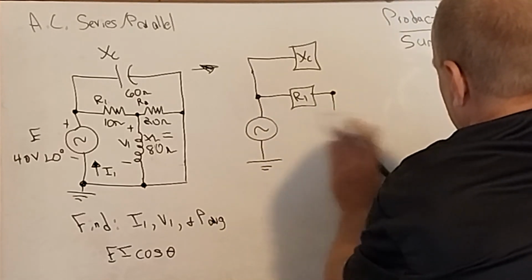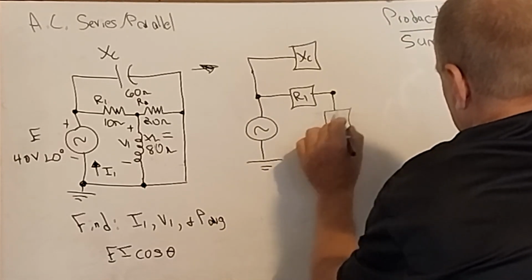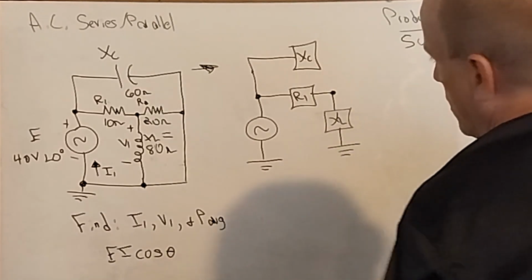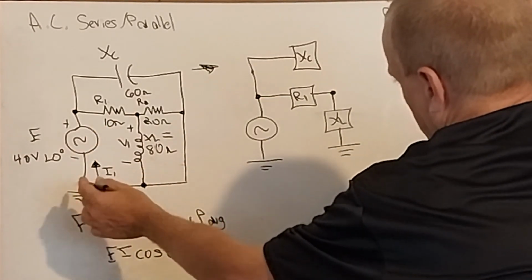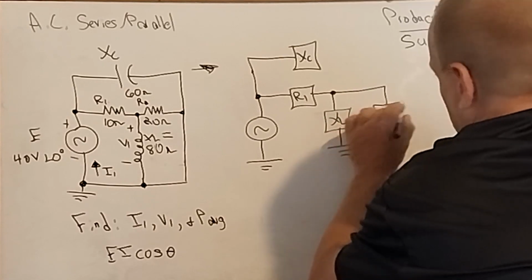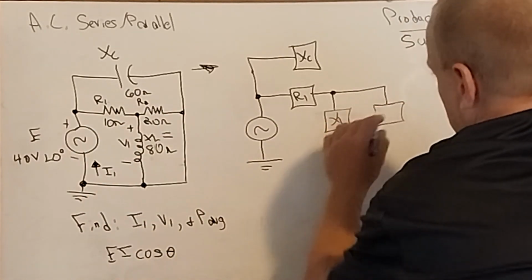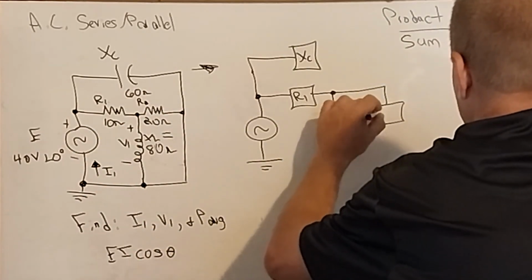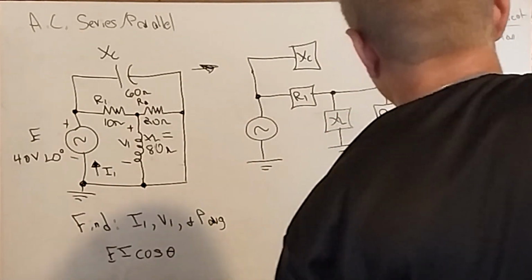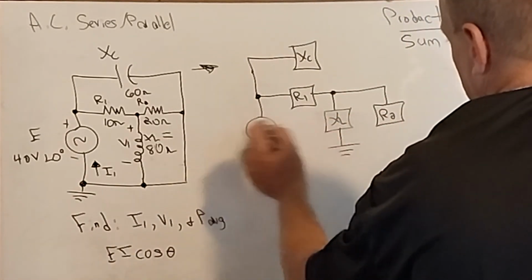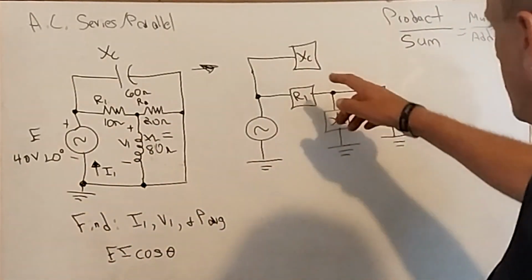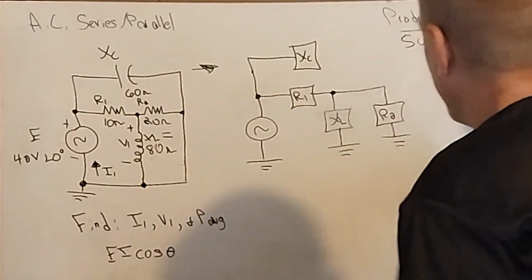Well, let's not draw that, let's draw the X of L. And that goes to ground. Resistor, inductor to ground. But then we also have R2. And that goes to ground. And X of C is connected to ground as well.